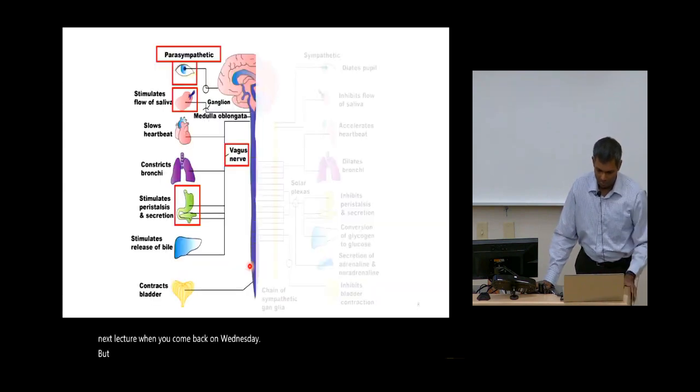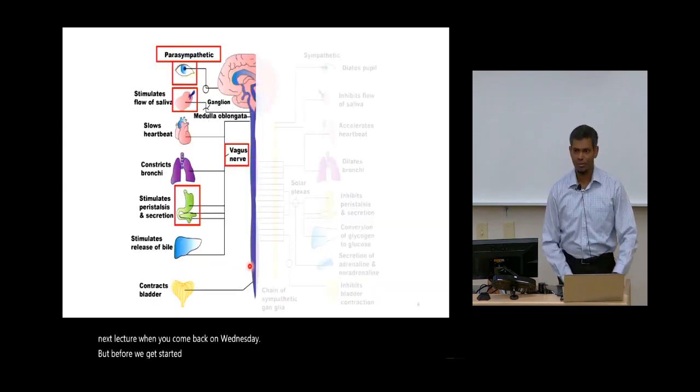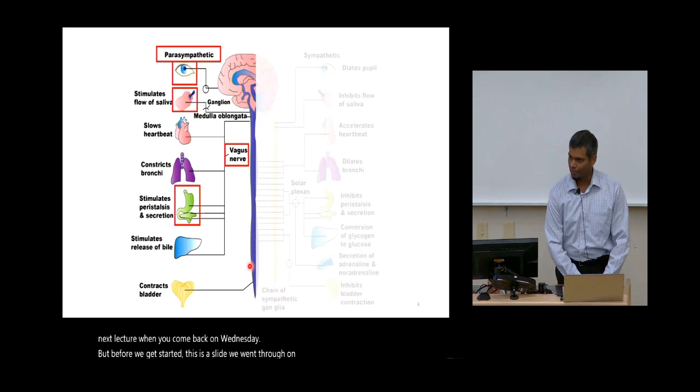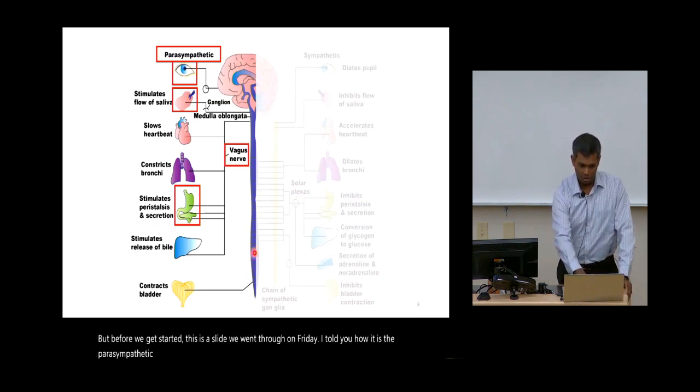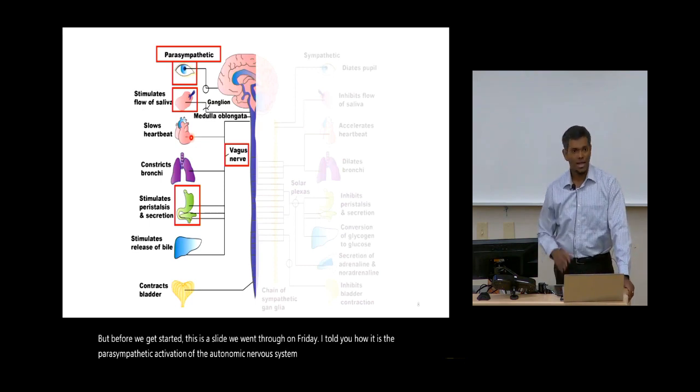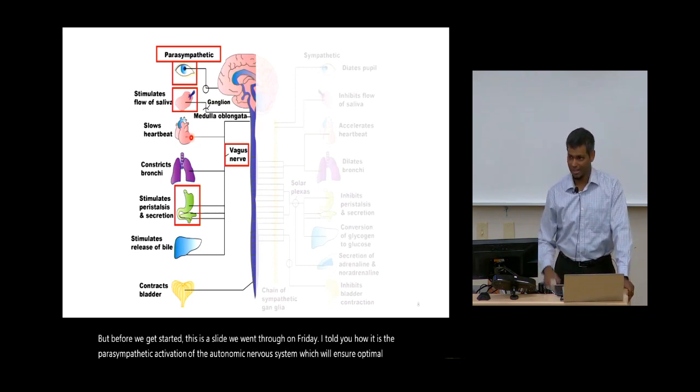But before we get started, this is a slide we went through on Friday, where I told you how it is the parasympathetic activation of the autonomic nervous system which will ensure optimal digestive function.